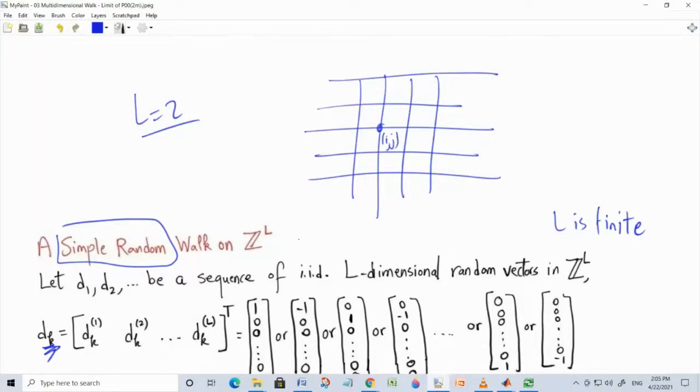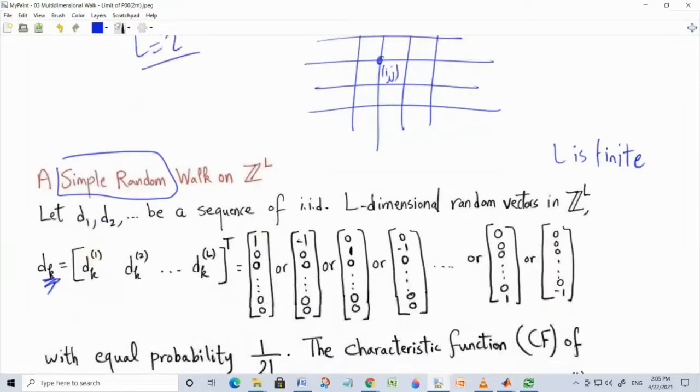Now you have 4 possible movements. In 1 dimension, you move to the right or to the left. Now in L dimensions, you can do 2L movements. You need to pick one of them.